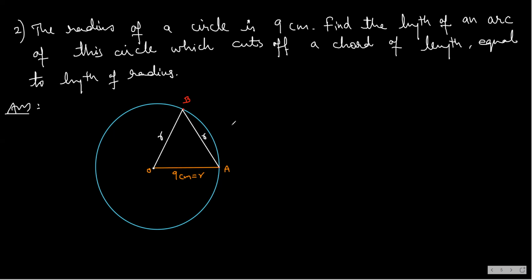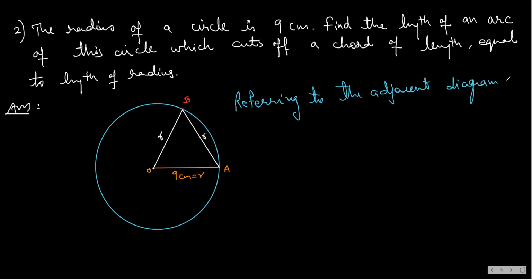So I write my answer here. I write, referring to the adjacent diagram, the arc AB cuts off the chord AB.